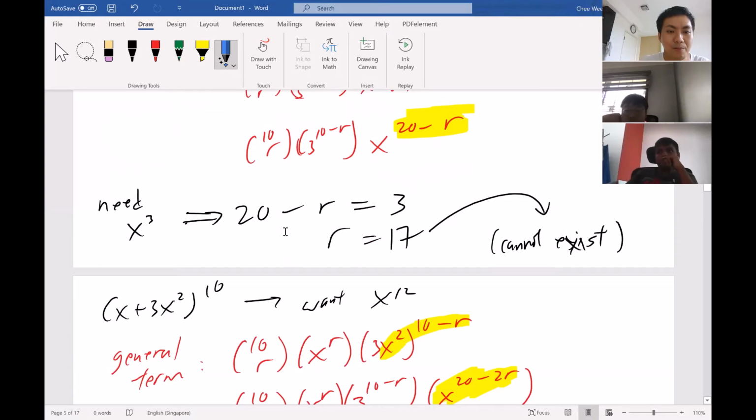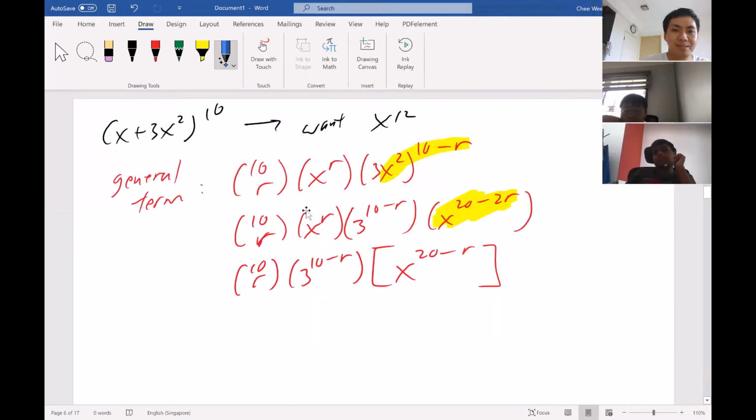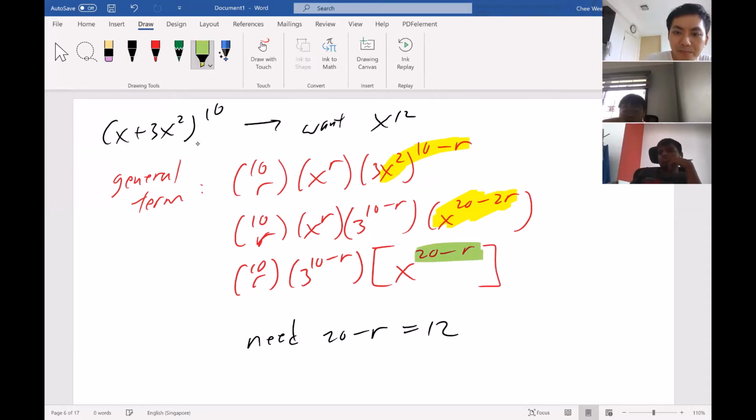Okay, so coming down to this, I want x to the power of 12, right? So this just means that I need 20 minus r to be equal to 12, because it's this guy. Then 12 is this guy.